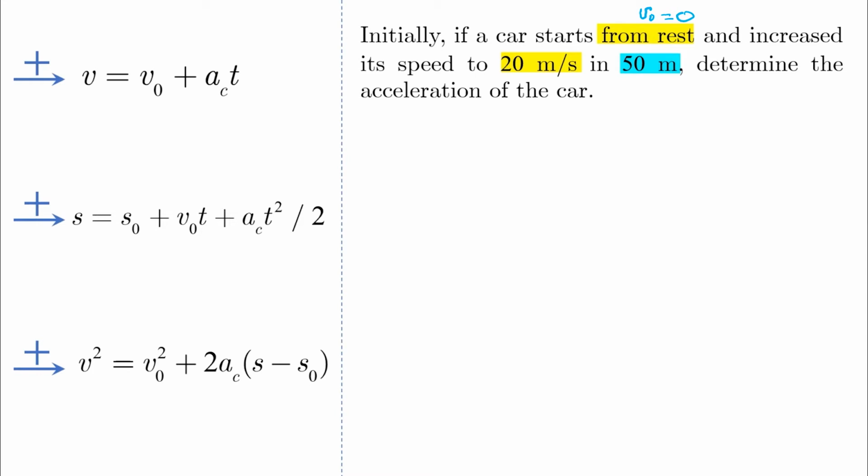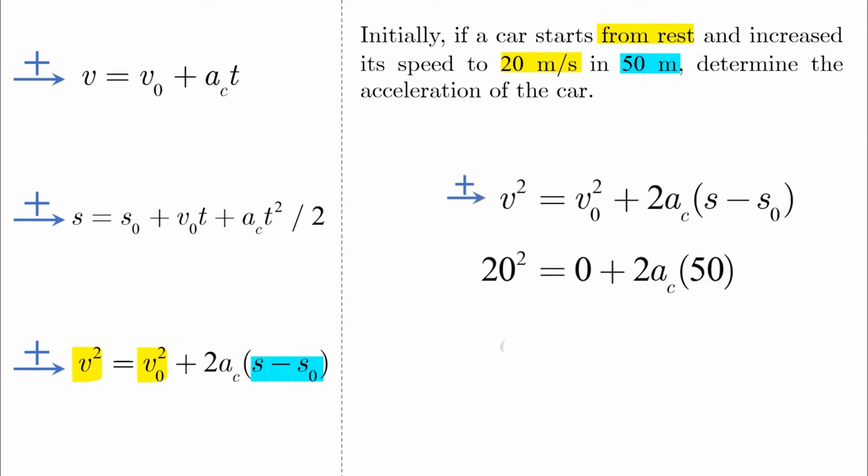This problem has no time given and no time required. And with the given information, the third equation is our clear choice. By applying it, you will find that a equals plus 4 meters per second square, which means the car is accelerating in our assumed direction. And that's because it increased its speed.